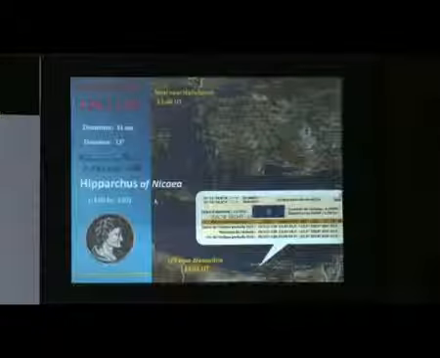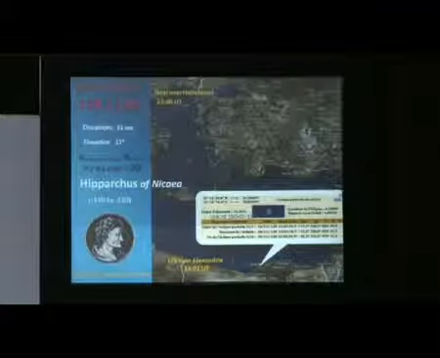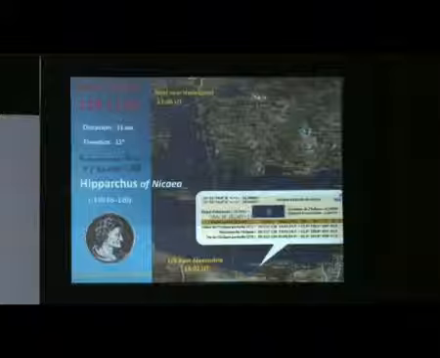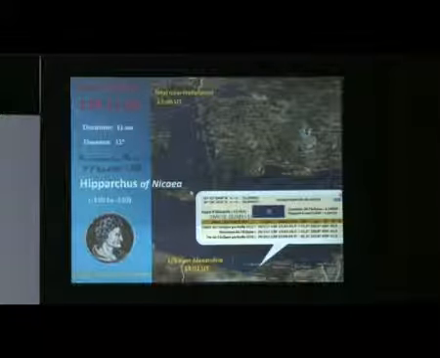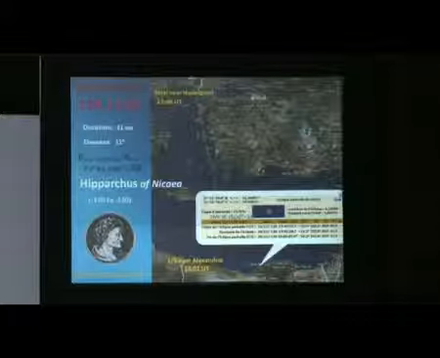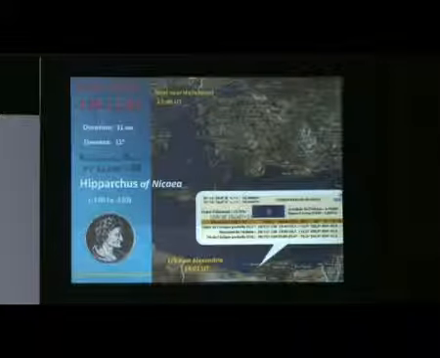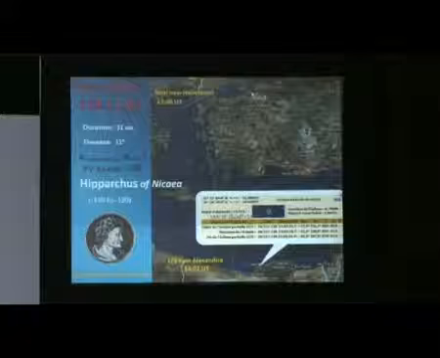Now, we also know that Hipparchus of Nicaea, which is now called Iznik, would probably have mentioned his hometown if the measurement of totality had been at Iznik, but he mentioned the Hellespont.